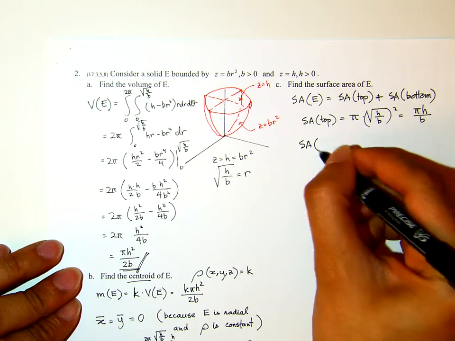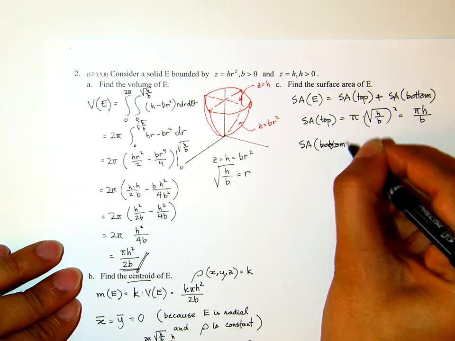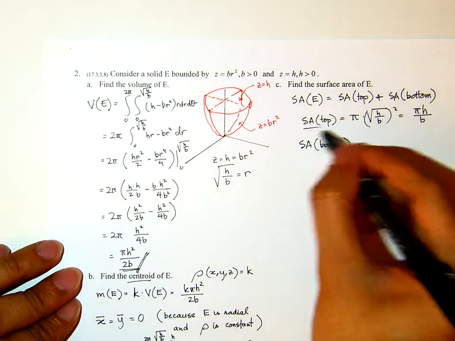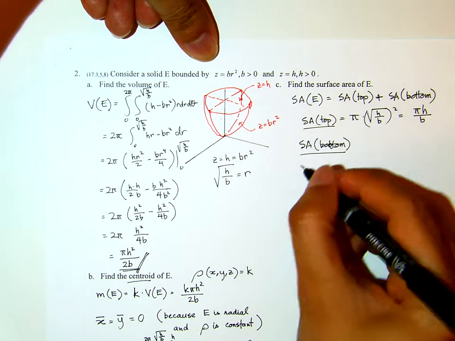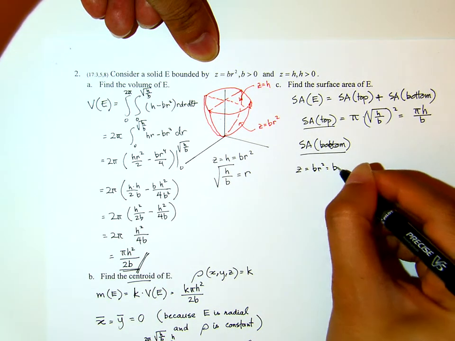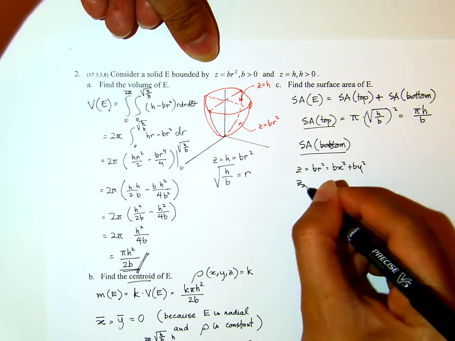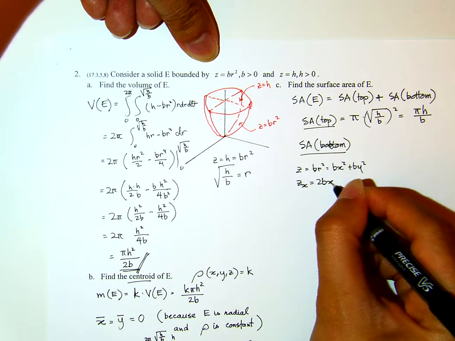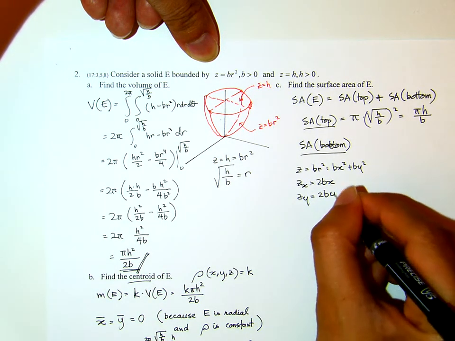Now let's see the surface area of the bottom. This one is harder because we need to set it up. What is the setup? We have z equals b r squared, which is b x squared plus b y squared. Now z sub x equals 2bx and z sub y equals 2by.